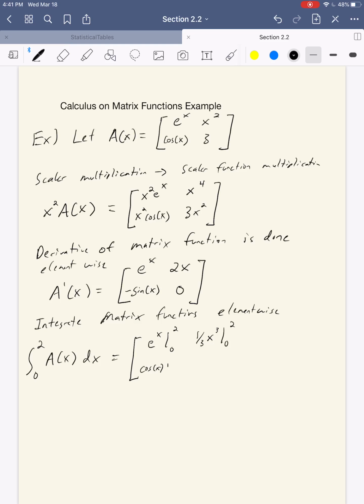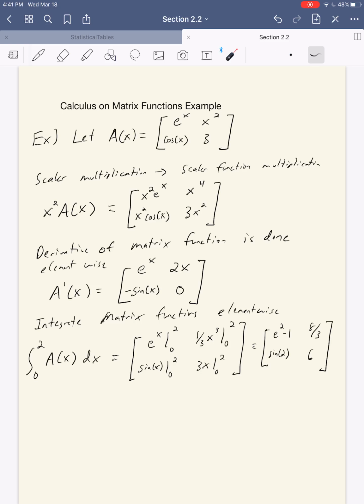We'd get cosine x evaluated from 0 to 2, and we'd get 3. Well, those last two we forgot to actually integrate. I forgot to integrate. You hopefully did not. We'd get sine x evaluated from 0 to 2, and we'd get 3x evaluated from 0 to 2 after integrating. Then after evaluating, it looks like we'd get the matrix e squared minus 1, 8/3, sine of 2, and 6, after doing those evaluations.